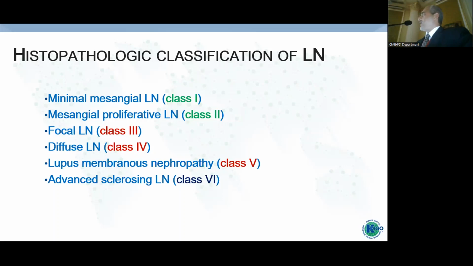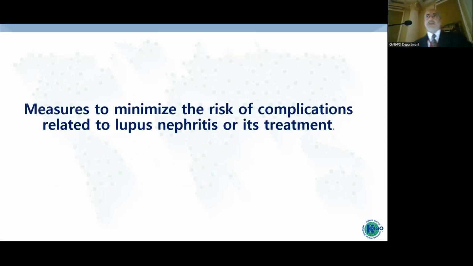While class 6 is advanced sclerosing lupus nephropathy, which is end-stage renal disease at which the patient will require renal replacement therapy. Patients in each class, according to their histologic classification, have separate treatment lines accordingly.